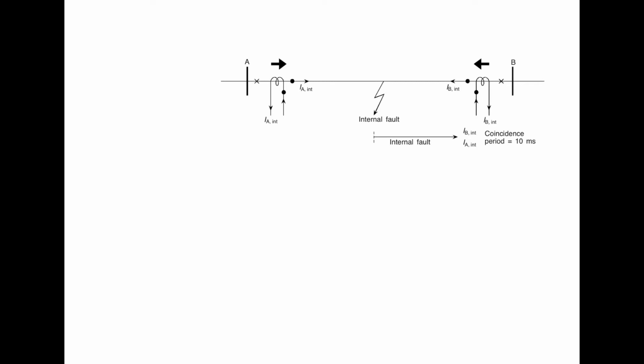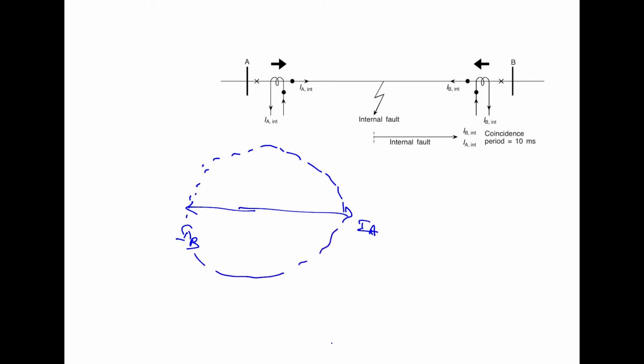Let us suppose that we have IA here, and in this case we will have IB. Then we will have this circle, and let us suppose that this angle is plus minus delta.